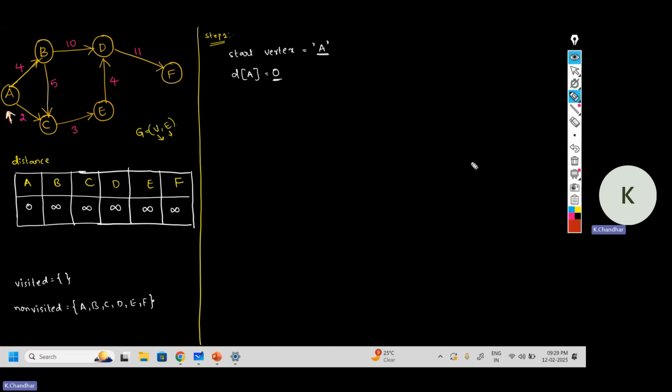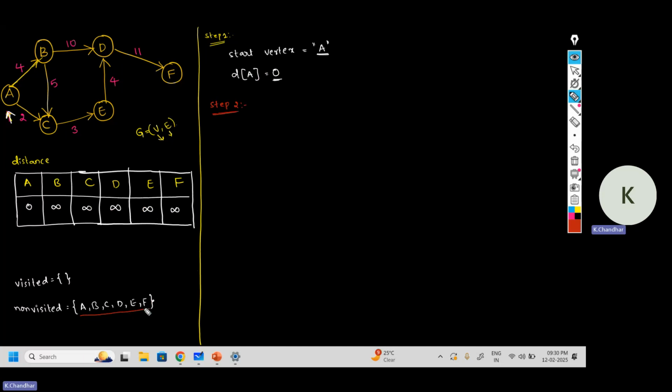So what is the second step? Step 2. From the non-visited vertices, so these all are the non-visited vertices, I need to pick a vertex. That vertex distance should be the smallest. So here, these are the vertices.